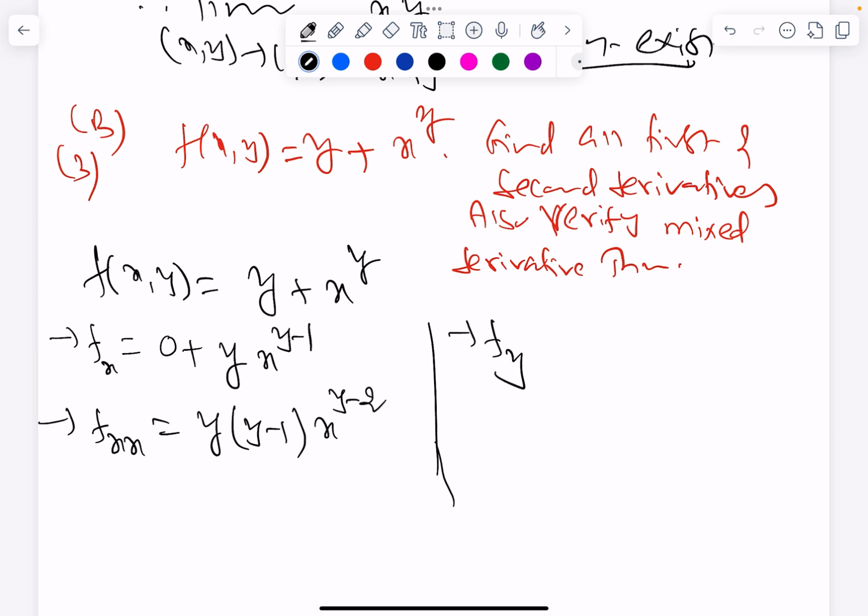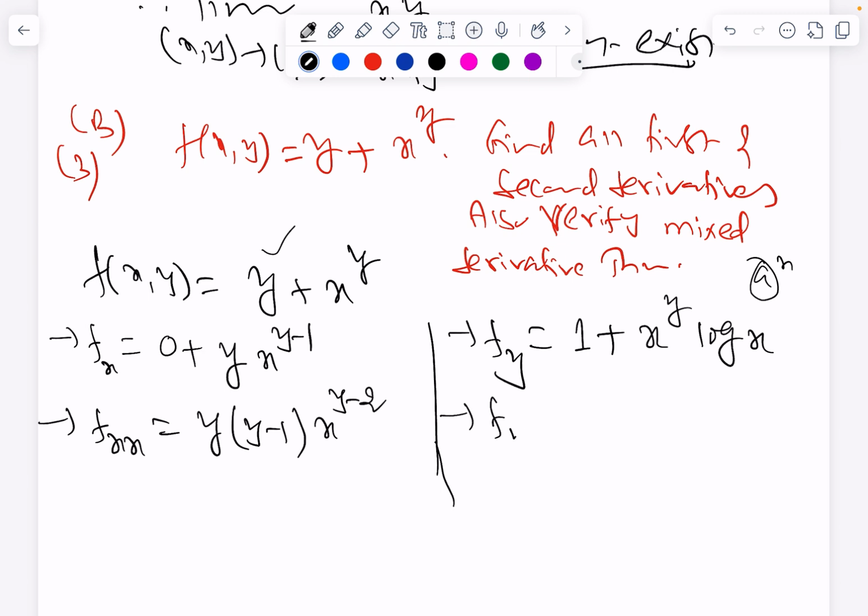Take the derivative with respect to y. The derivative of y is 1. Now here x is constant, y is variable, so it is of the form a power x derivative, and we know the a power x derivative is a power x log a. So this is x power y log x.